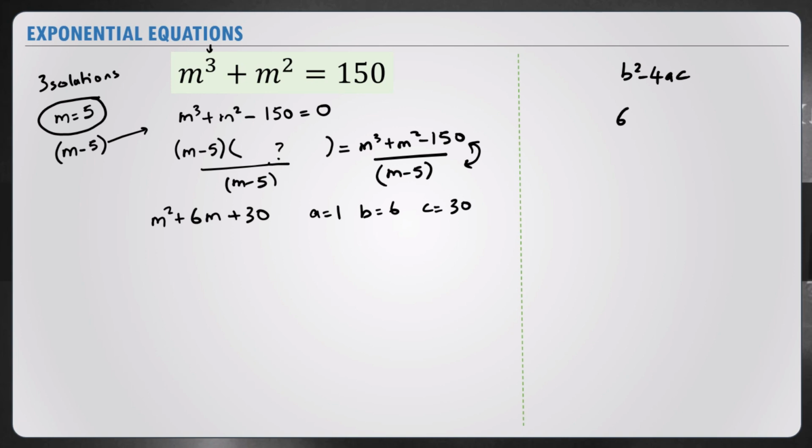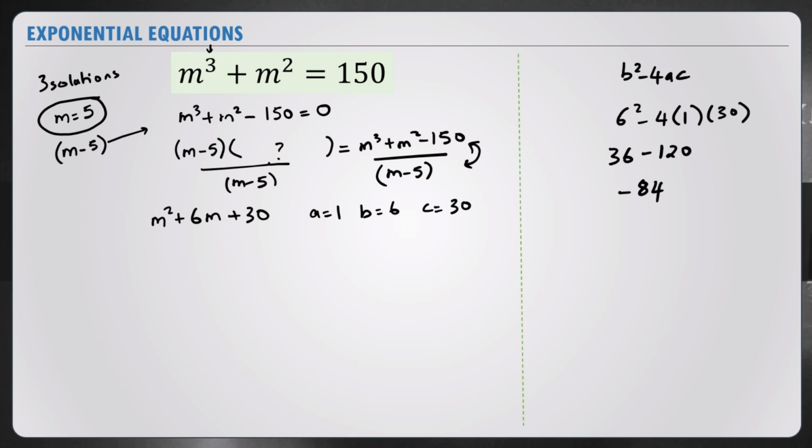So b squared is 6 squared minus 4 into 1 into 30, which is 36 minus 120, which gives me negative 84. Okay, the square root of negative 84 shows that there are no real solutions. The solutions are going to be imaginary numbers. So let's get into it.